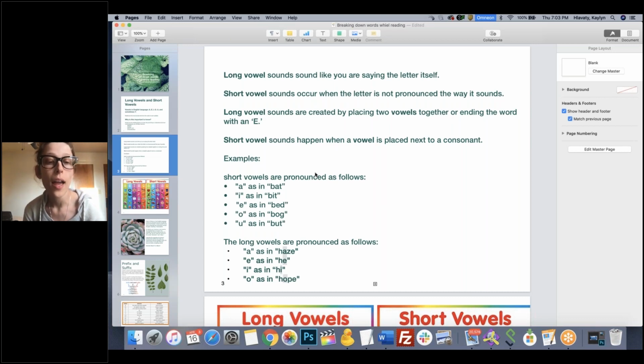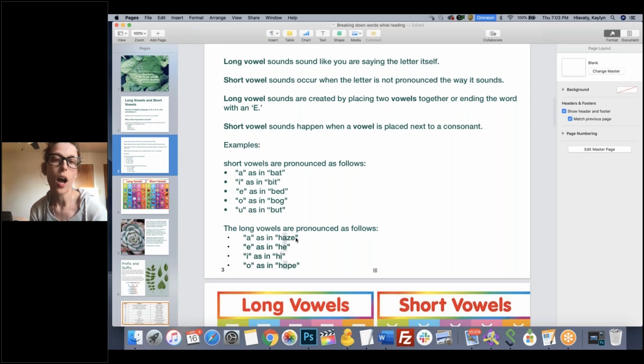Again, if you wanted to make it a long vowel, usually it's when a word ends in a vowel, A, E, I, O, U, like haze, he, high, or hope, or when two vowels are together, like in the word read, for example.